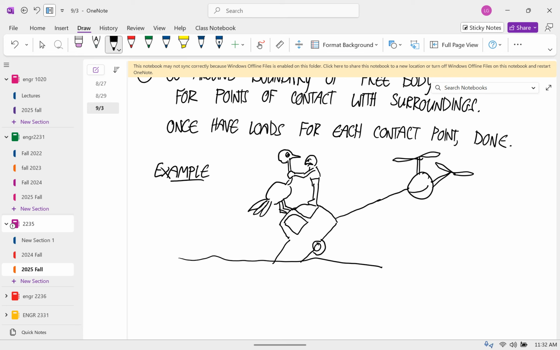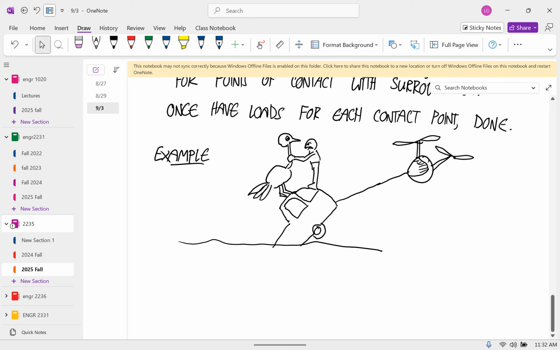And then there's a tether on the bird's leg, and it's attached to a fish that's like trying to swim away. Okay.